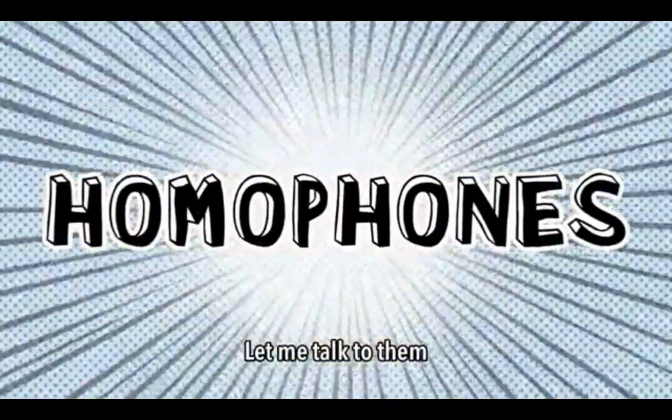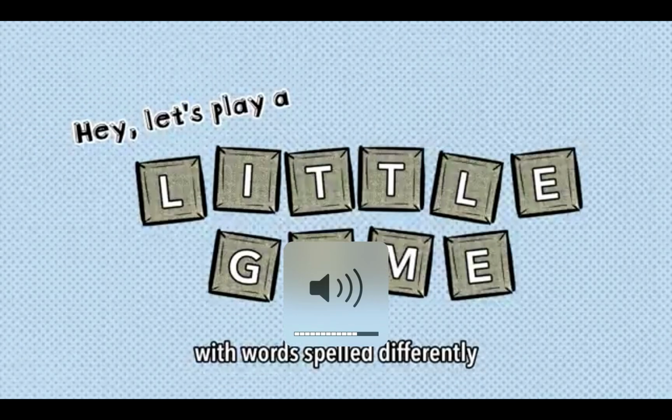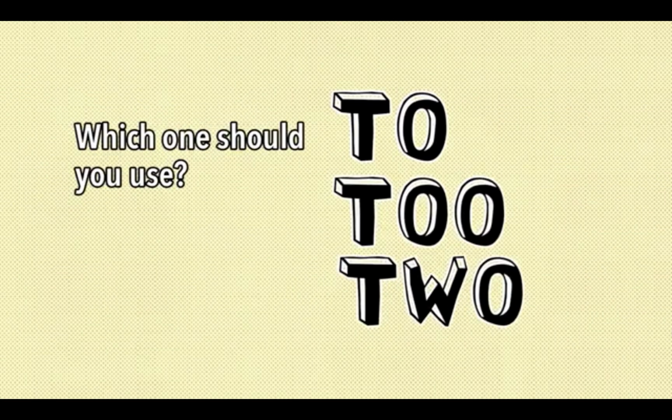Homophones, let me talk to 'em. Yo, hey, let's play a little game. With words spelled differently that sound the same, and their meanings are different. And you'll hear them right here, for instance. Let's take to, too, and two. 3 different words. Which one should you use? Listen, to is a preposition.